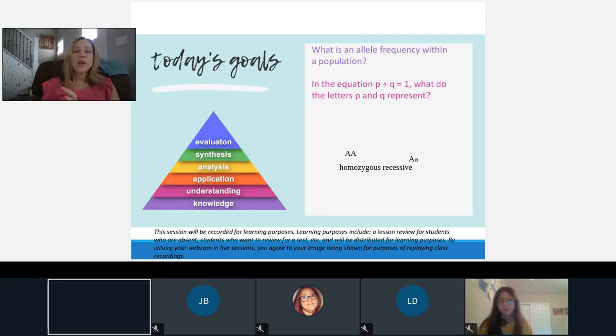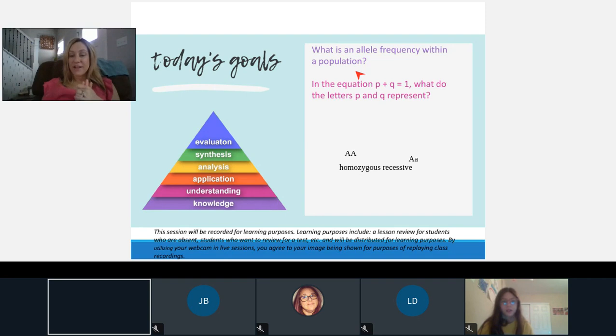Awesome. So we know what an allele is. What is a population? This is more recent. What is a population? Population is what? Can a population be pigs, cows, and chickens?